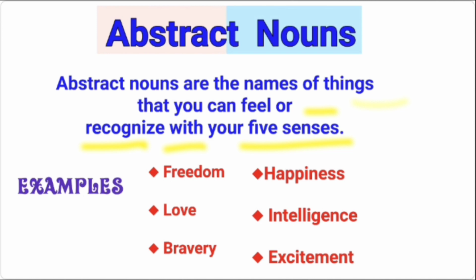We can only feel them, as freedom, happiness, love, bravery, intelligence, excitement. We cannot count the abstract noun because they are abstract. It means we cannot see them. We can only feel them. So they are called abstract nouns.